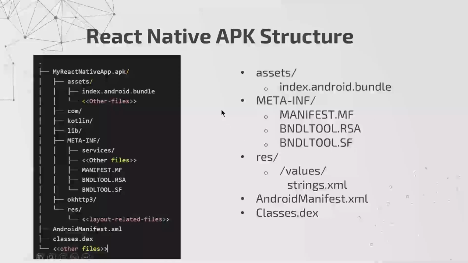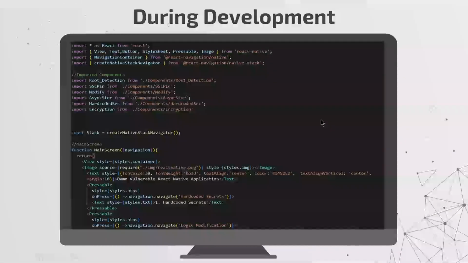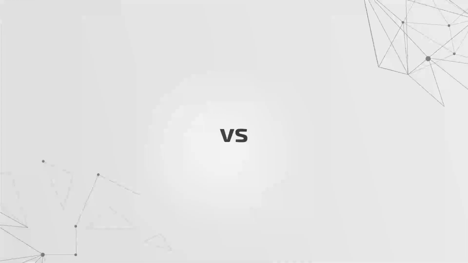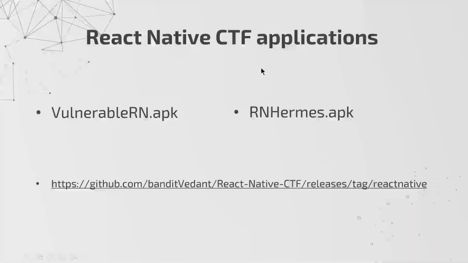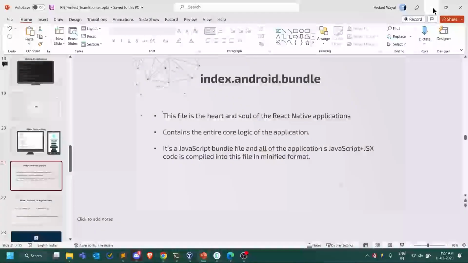But the main thing to focus on is this index.android.bundle file. All right. So this is how it looks during development, and this is how it looks after you decompile it. So let's see how the bundle file looks.